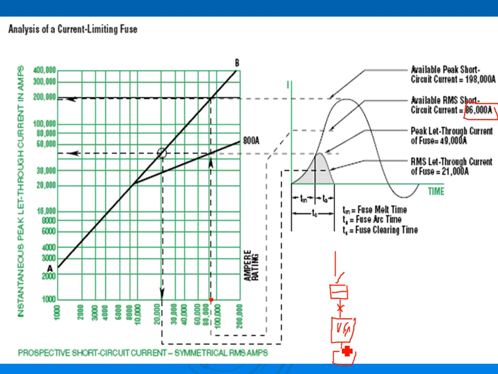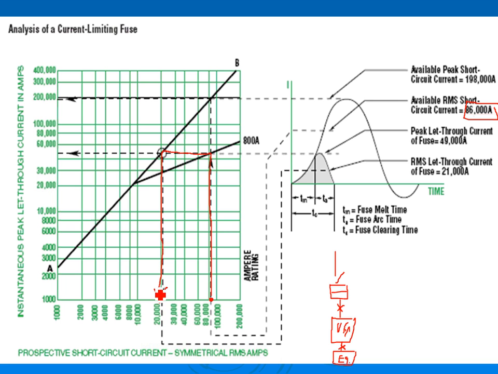That's how much current I have if I am to have a short circuit right here or right here without having a current limiting fuse. If I have a short circuit without current limiting fuses, that's how much current this system is going to be imposed on. Okay, but there's one little problem. My equipment here will burn because it's not rated to handle this amount of current. So, smarter, say, okay, what if you use a current limiting fuse? You go over here from the chart, and that will go up to B, and that will knock you down.